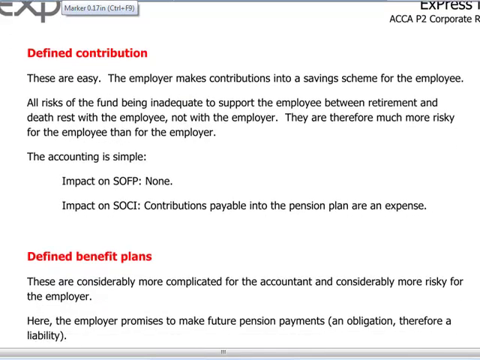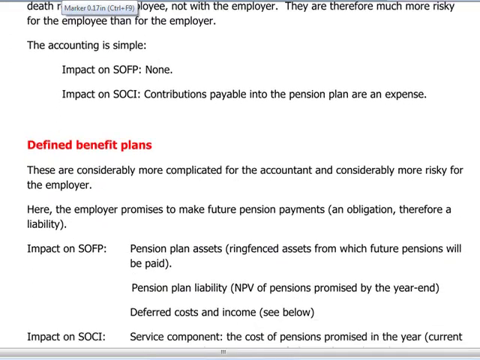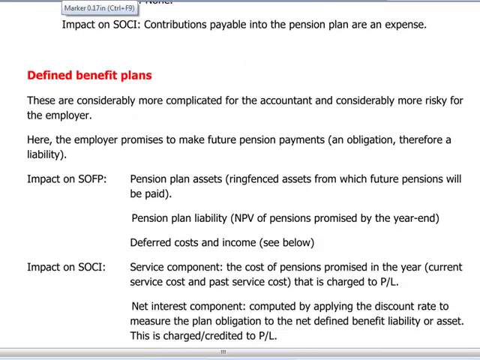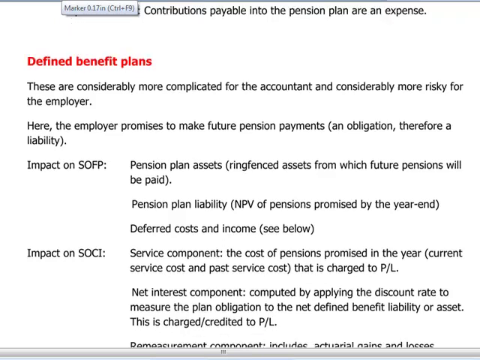Contrast that with a defined benefit plan, where accounting is a little more complicated, but once you practice one or two questions, the numbers will fall into place. In this scenario, the employer makes a promise to make future pension payments between the retirement and the death of the employee.